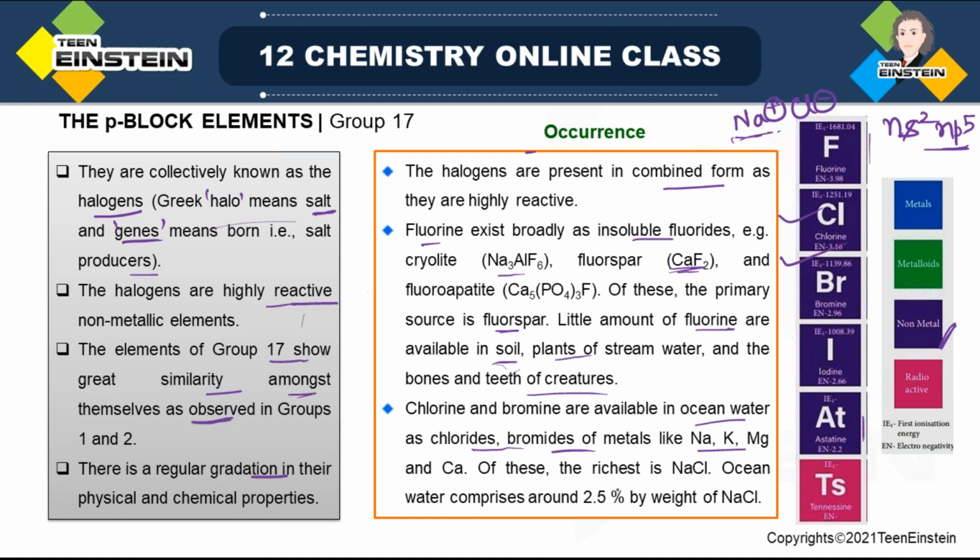Metals means group 1 and 2 metals: sodium, potassium from group 1, magnesium, calcium from group 2. And the most common compound is sodium chloride. Ocean water comprises around 2.5% by weight of sodium chloride. So you can understand that this salt is present mostly compared to the other salts.